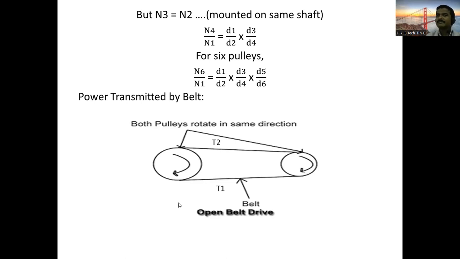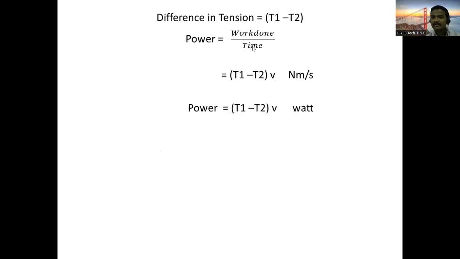So what is power? Work done divided by time. We have the standard formula of power, work done divided by time. Now to get the work done, what is the work done formula from the mechanics point of view? Force into displacement. So here force is nothing but tension, called the effective tension.